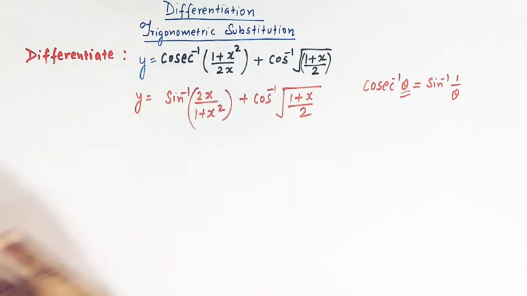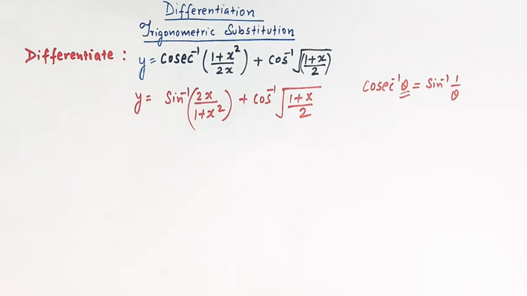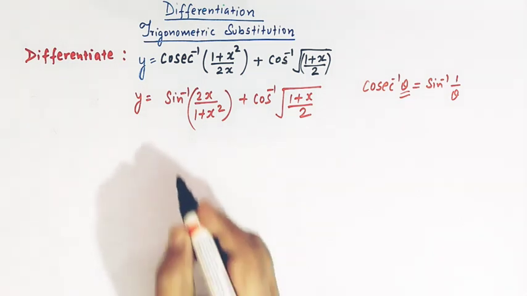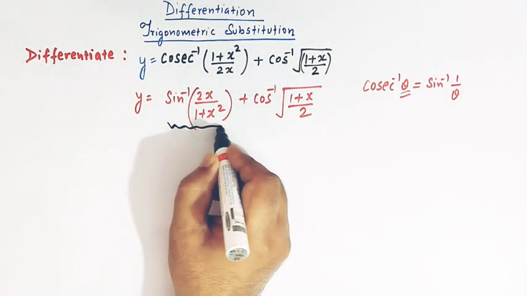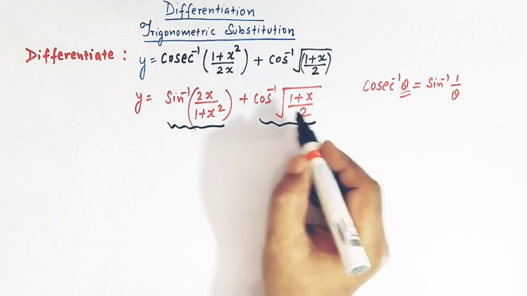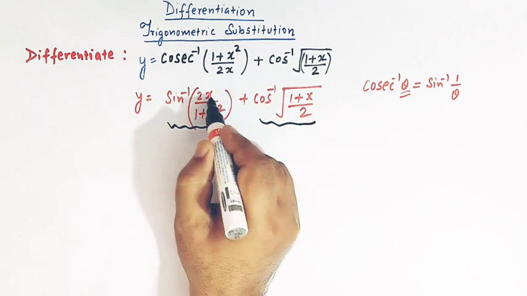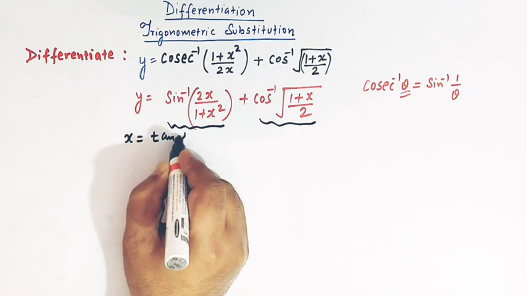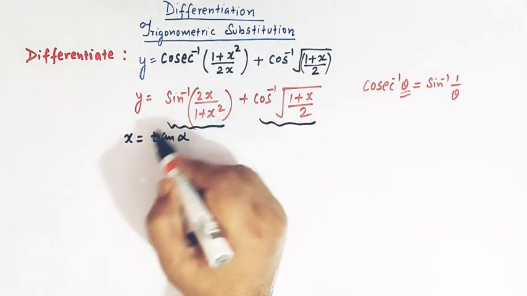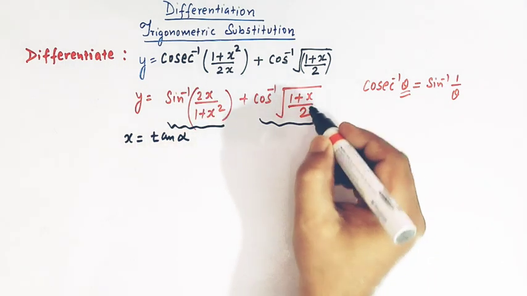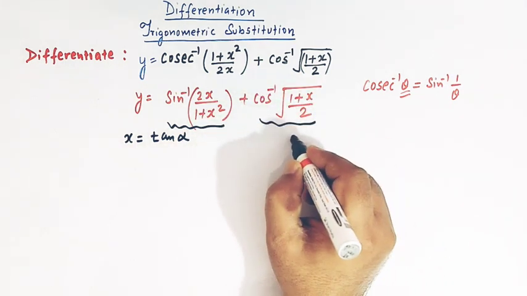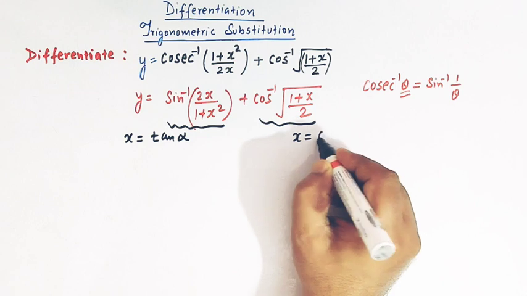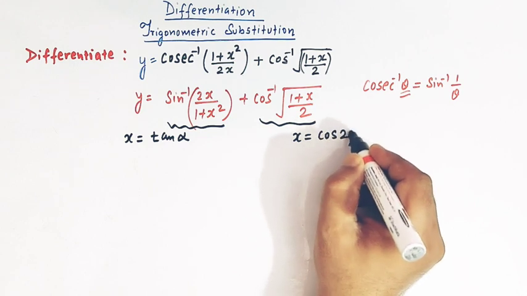Now here we'll make use of some trigonometric substitution to simplify this function, right? So what we will do, we'll concentrate on this part and this part. In this part we'll take x is equal to tan alpha, and in this part we'll take x is equal to cos of 2 beta, right?